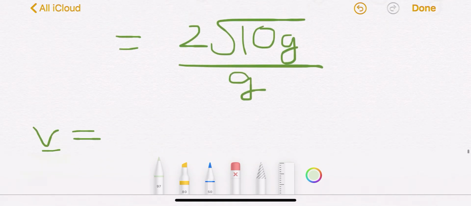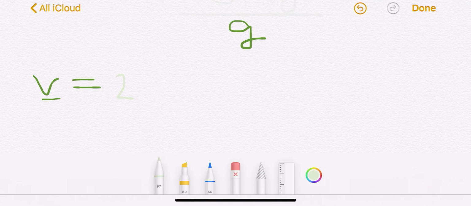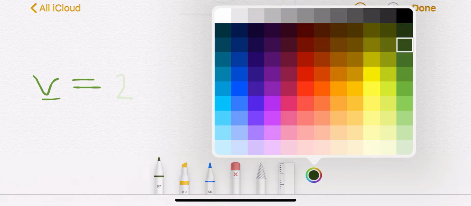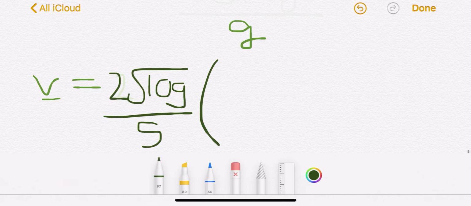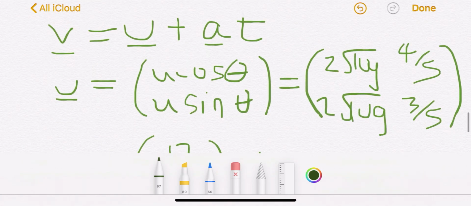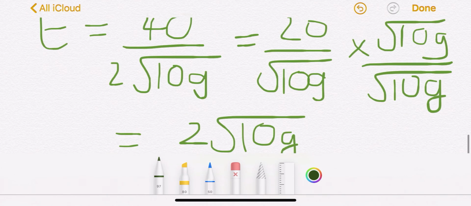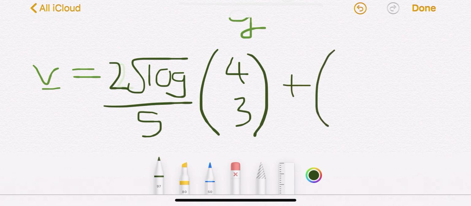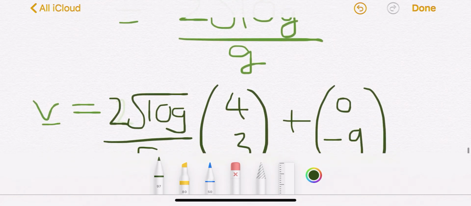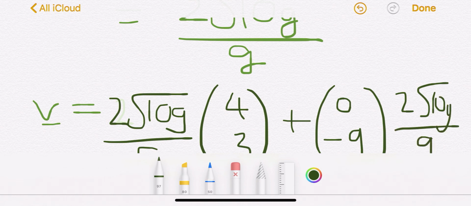So we're going to get v equals u, which is 2 root 10g over 5 multiplied by the vector that was left, which is 4 and 3. v equals u plus at. So 0 minus g is a, and then t is 2 root 10g all over g.